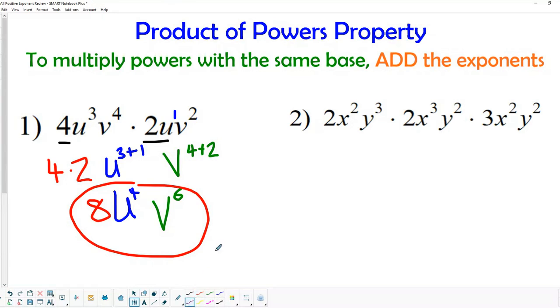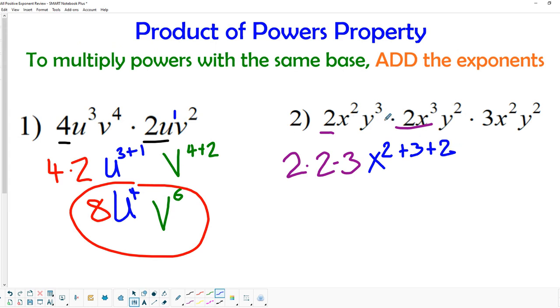So on our next one, we've got 2 out here, another 2, and a 3 for our constants. Then next for our x values, we've got x's in there. So if we look at the exponents on that, we've got a 2, we've got a 3, and we've got another 2. And since these are all being multiplied together, to multiply powers with the same base, we just add the exponents that go with that base.